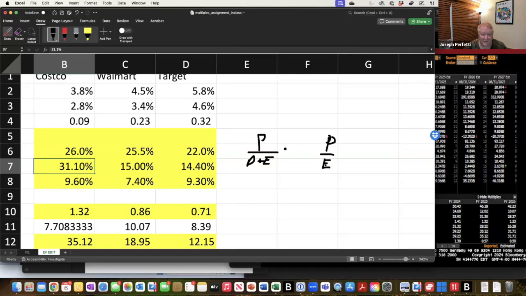But here's the idea. How do you get from ROIC to ROE? You multiply by debt plus equity, divided by equity. The D plus E's cancel out and you're left with return on equity.